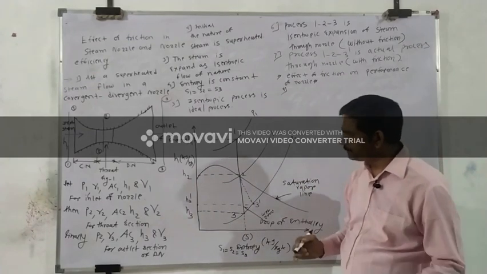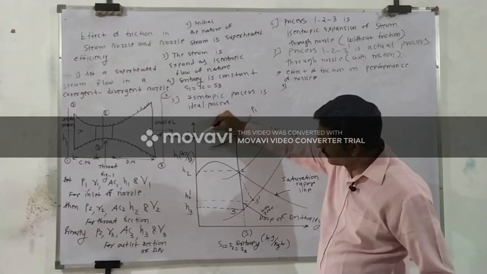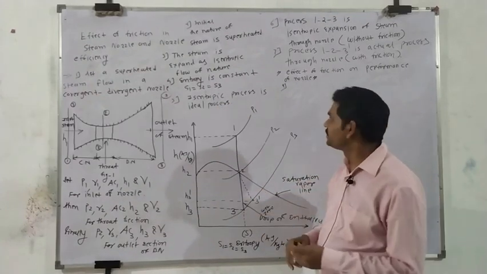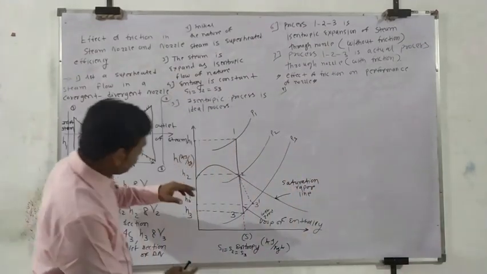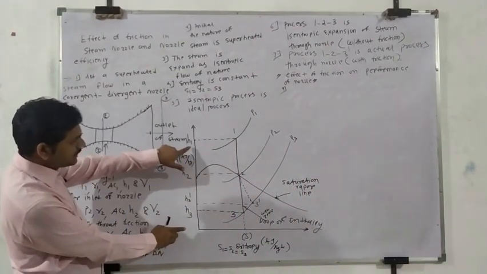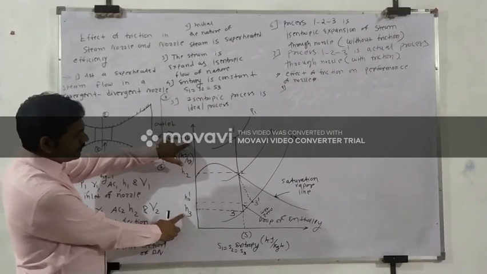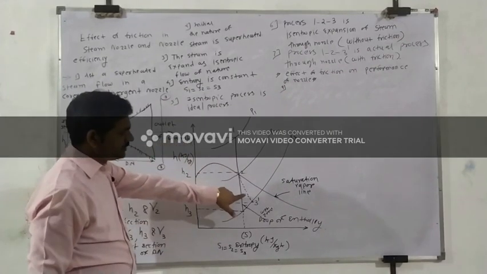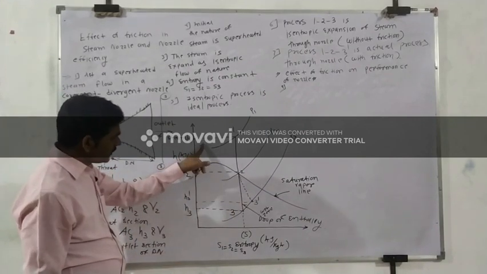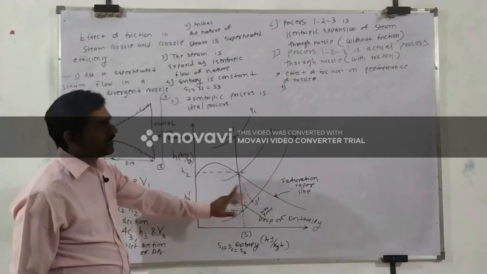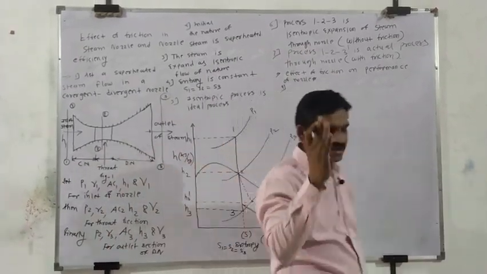Without friction, how much enthalpy drop? H1 minus H3. But with friction, and this is the actual process, how much drop is there? H1 minus H3 dash.